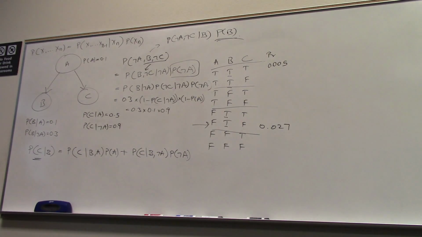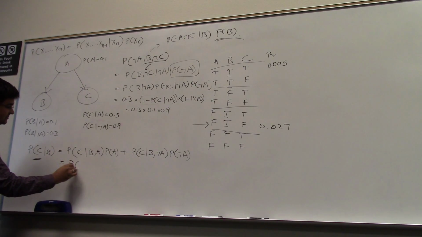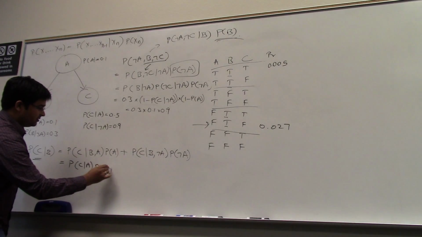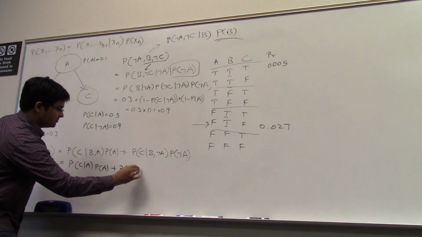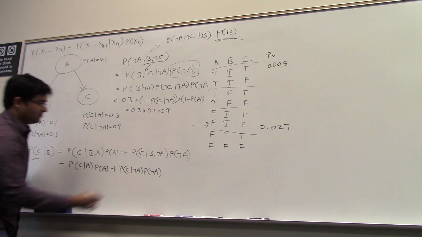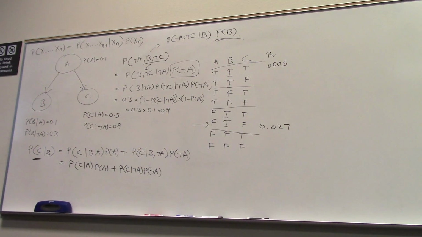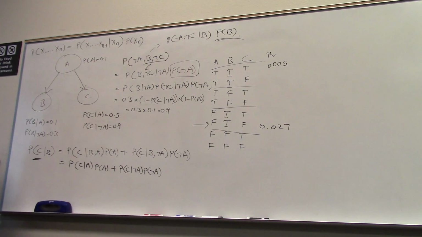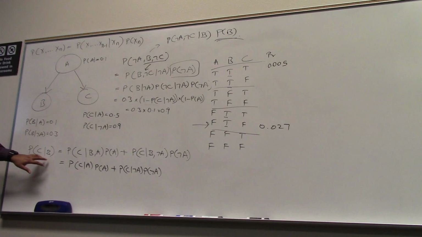We just need to cover that. And once A is there, you know that this is the same as C given A. All these values we know: C given A, C given not A, and the probabilities of A and not A. So actually if you observe, B doesn't matter at all.